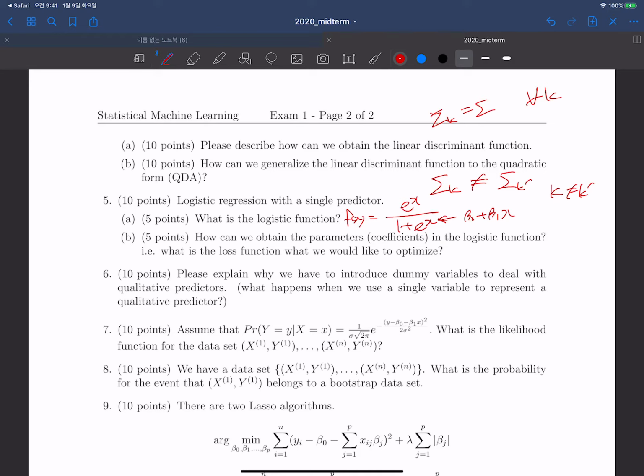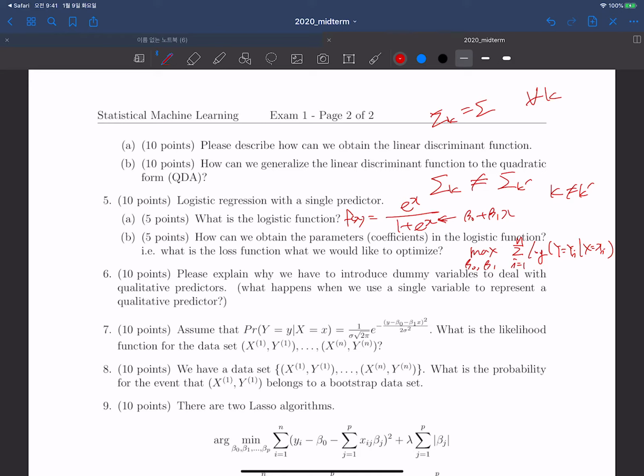And then we train the logistic function using a likelihood function maximization problem. So we maximize beta 0 and beta 1, having the largest log likelihood value from your training data.